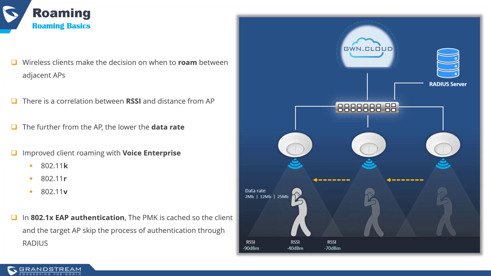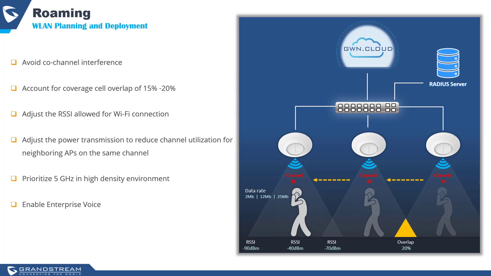When you move from one access point, the access point will synchronize the authentication that took place when you first joined the network, so that the second access point has the authentication required for the user to connect.